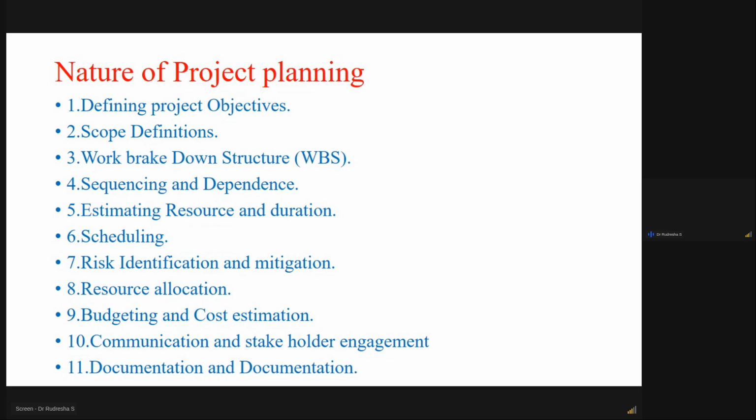Whatever present technology and future technology there is, for that future technology you always do the work breakdown structure. The project planning process typically starts with the work breakdown structure.